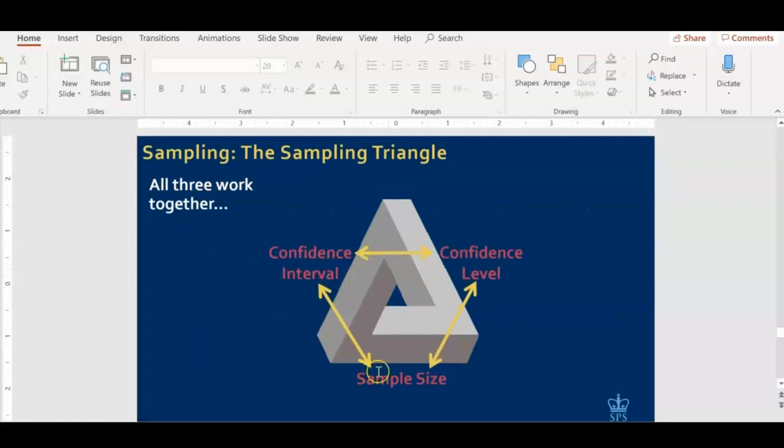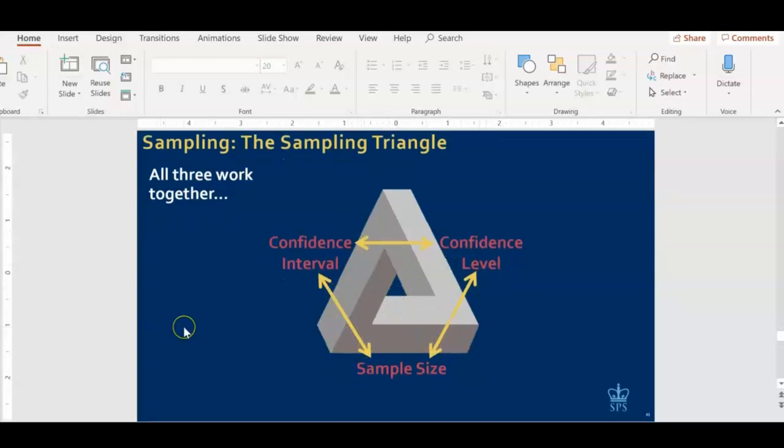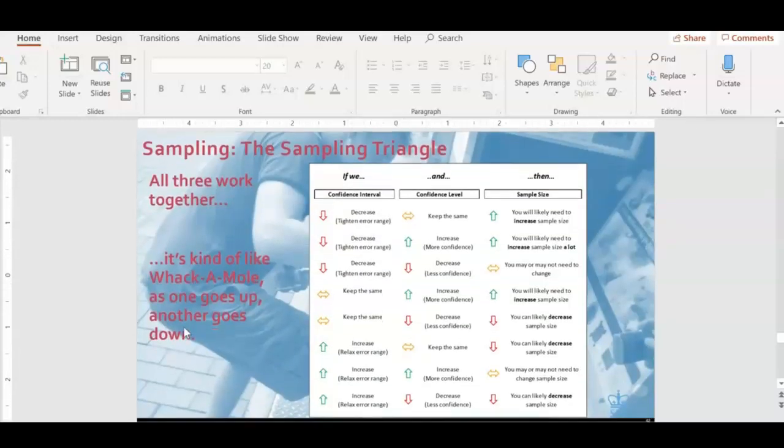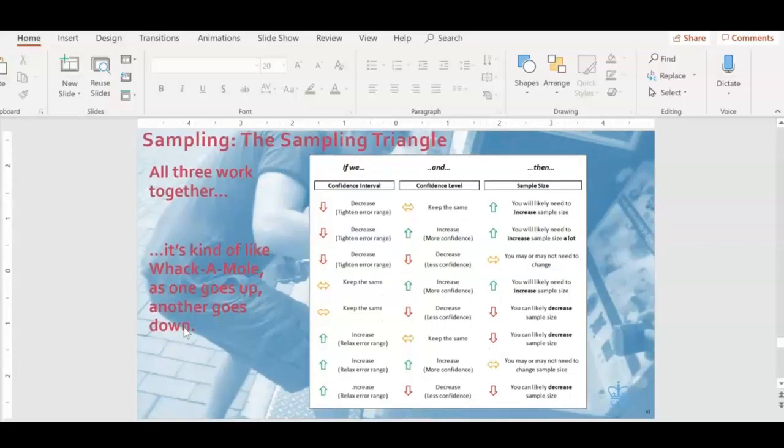So you can see that all three of these work together, and I've put together a little cheat sheet for you that goes into a little bit more information. I kind of use this every day in my job.